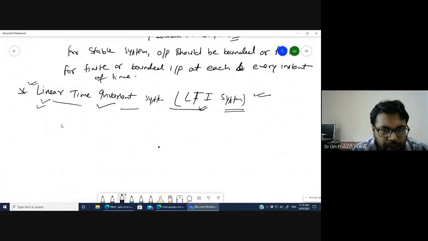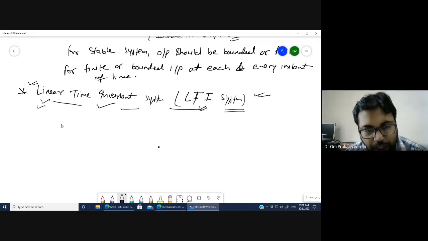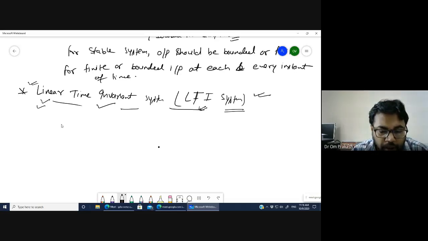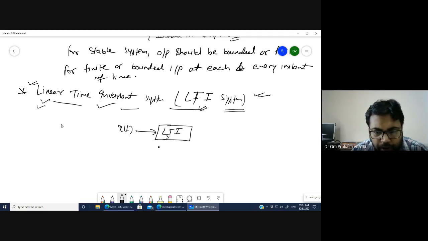So what is the meaning of LTI? Already you know the criteria for linearity, and you know the criteria for time variant and invariant systems. So if you provide some x(t) input to the LTI system, it will provide some output y(t). h(t) is another very important term in signals and systems and control.